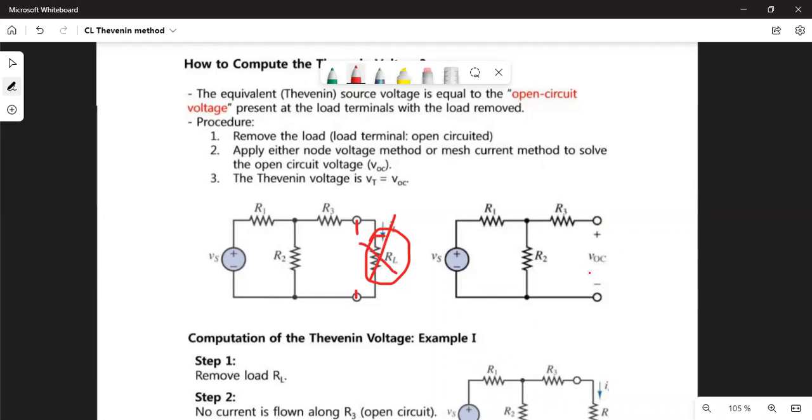VOC stands for voltage across the open circuit. Then we use the mesh current or node voltage method to find VOC. Basically, the Thevenin voltage will be equal to VOC.